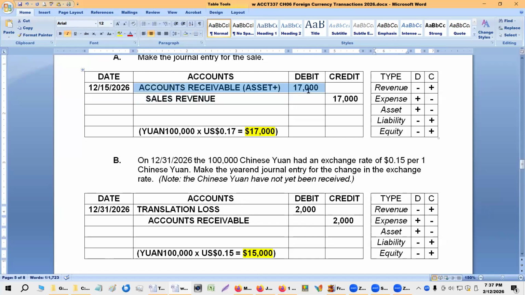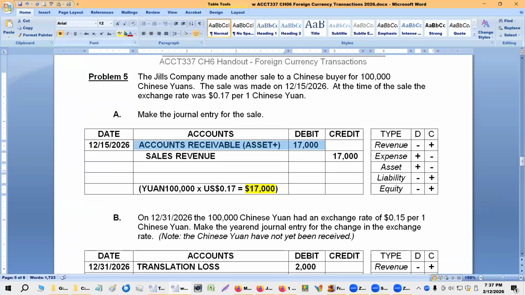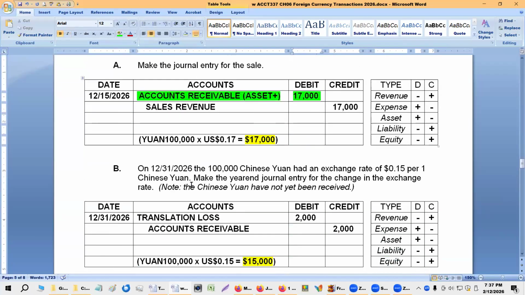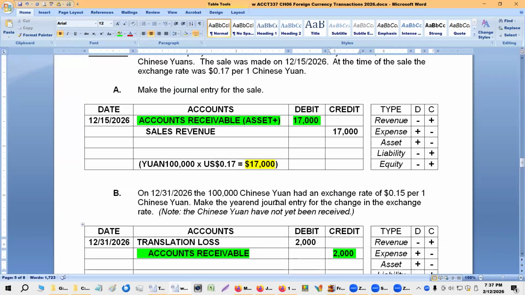And I'm going to highlight this. Was that green before? It was. We'll keep it green. So we've taken out 2,000 out of that account, because at year end, it's not worth that much. The account is only worth, what, 15,000?